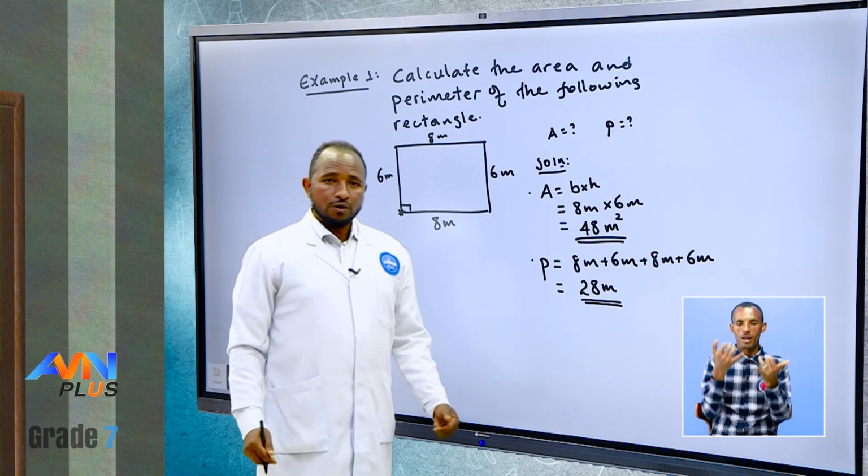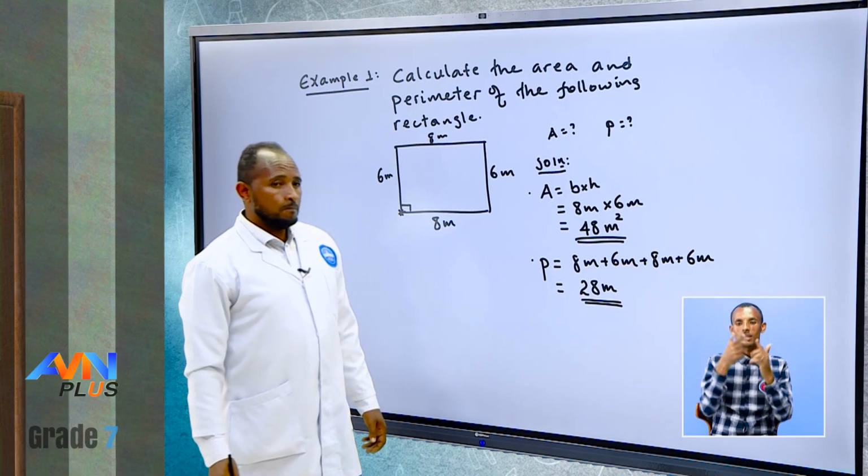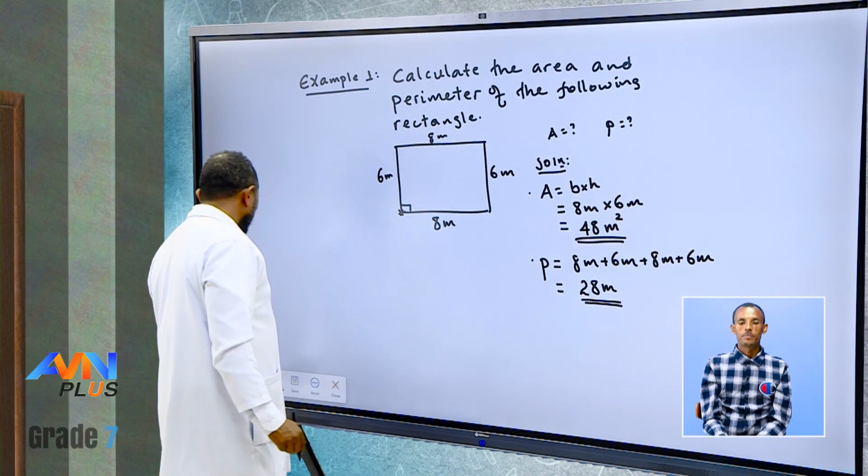Now let's go to the second example. Example 2.